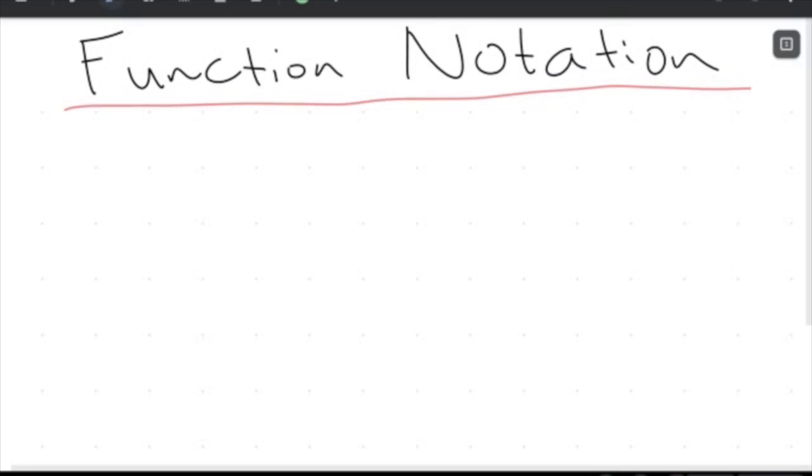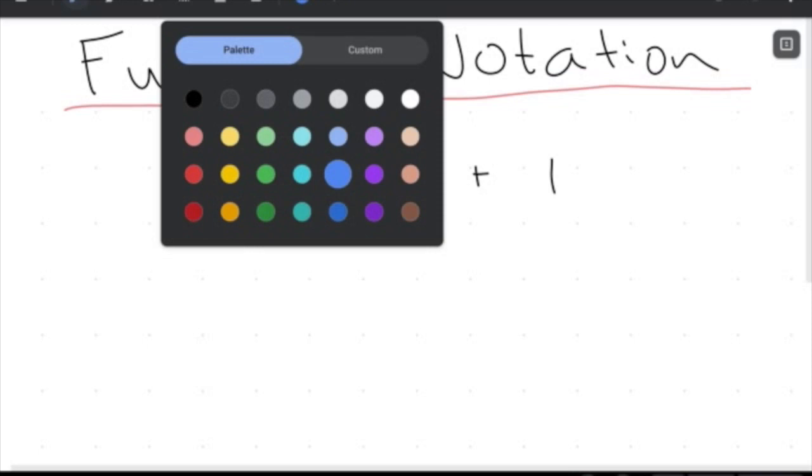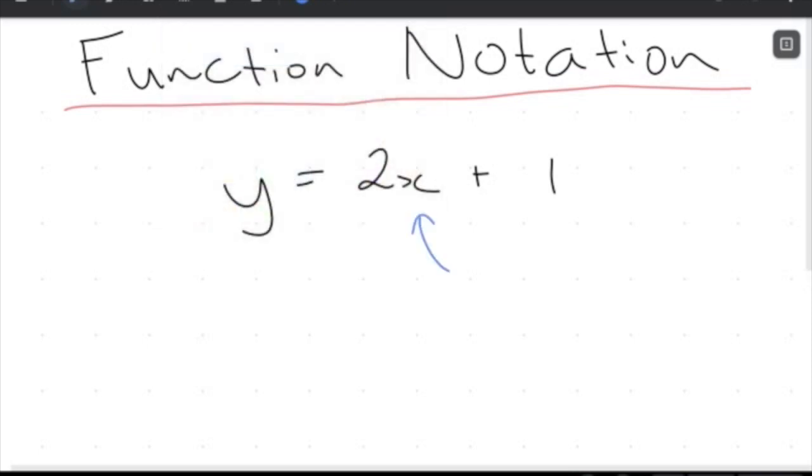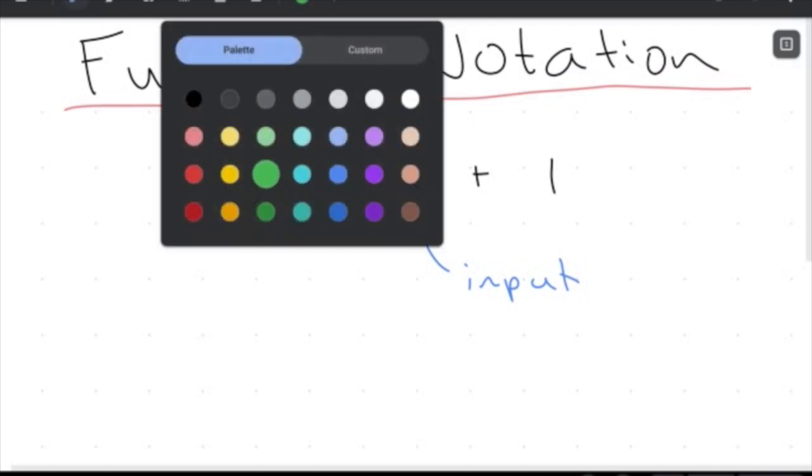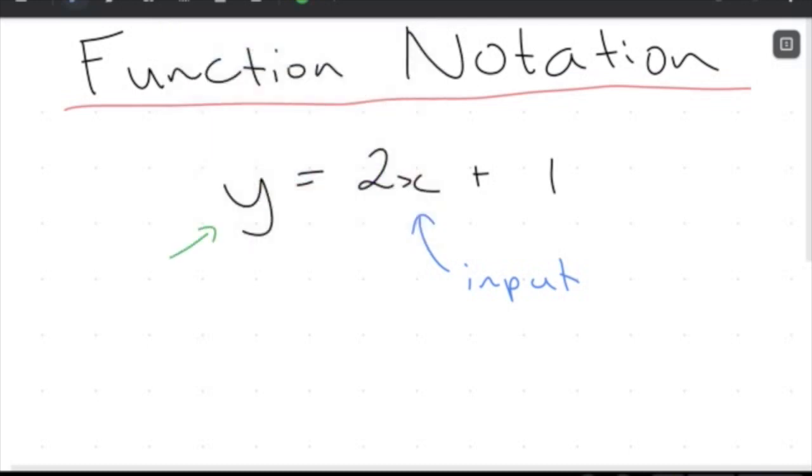So we introduced this idea of a function as something that we've been kind of doing this whole time without realizing. We looked at the idea of a linear relationship, for example, y equals 2x plus 1. And we said that this is, in essence, what we've been doing with functions. We put in some kind of input, think back to when we did our table of values, and we got out some output of y.